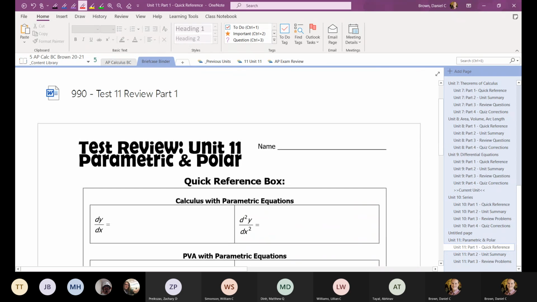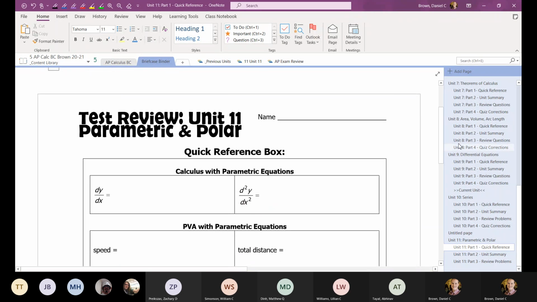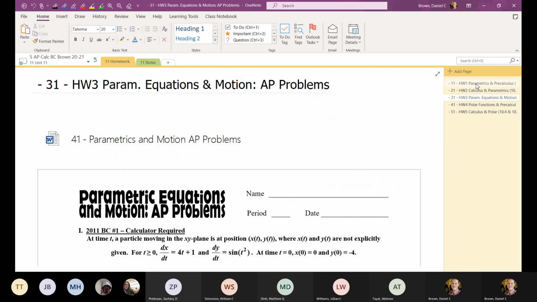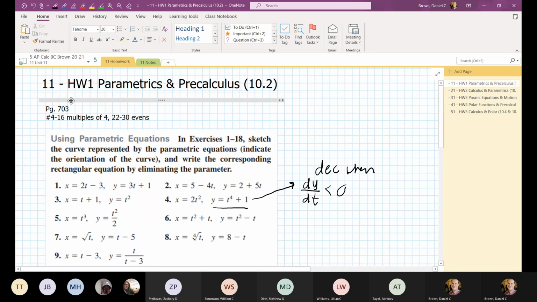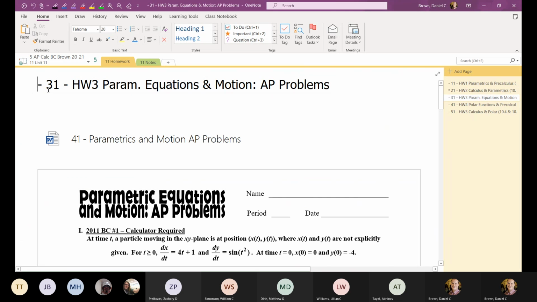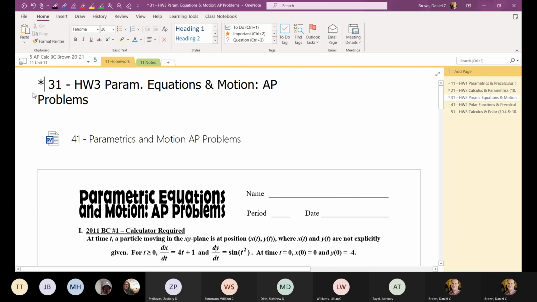But other than that, I'm going to let y'all get started, continue working on the homework. I think some of you might be behind on the homework, and I'm just going to be honest. When I go to check homework, I'm going to look mainly at the calculus pages. So I'm going to check homework 2, homework 3, and homework 5.